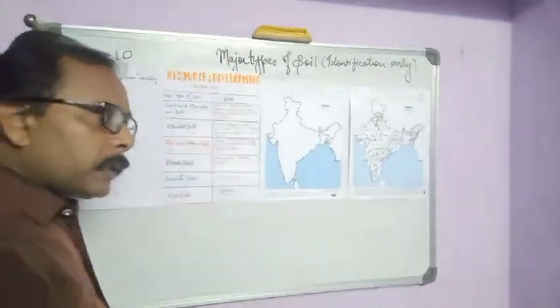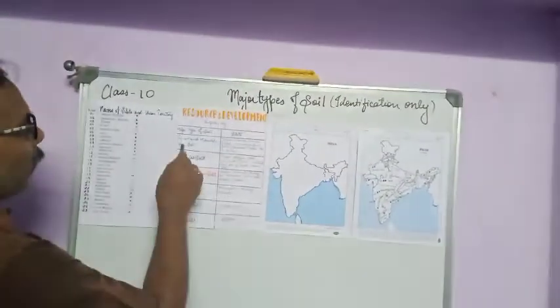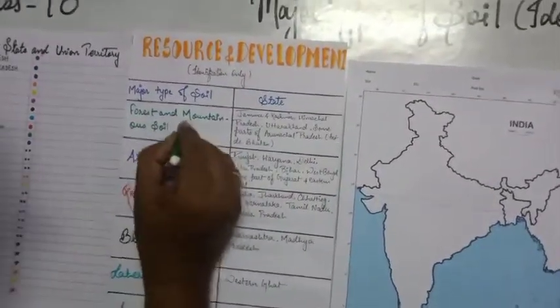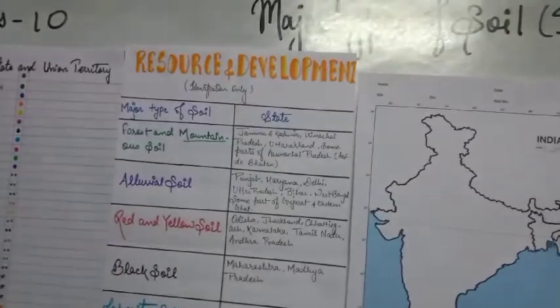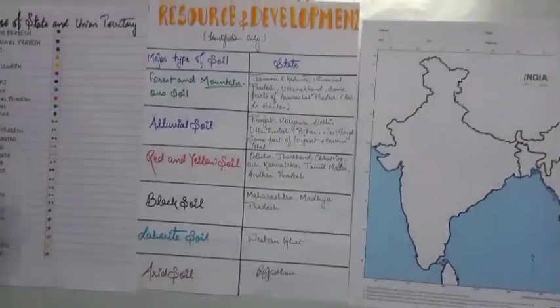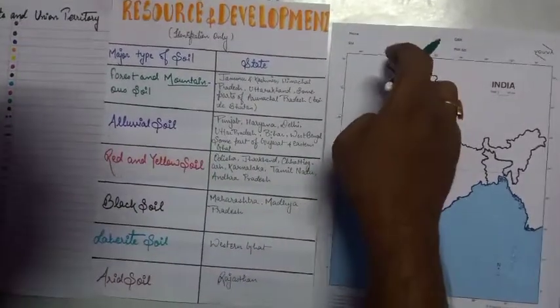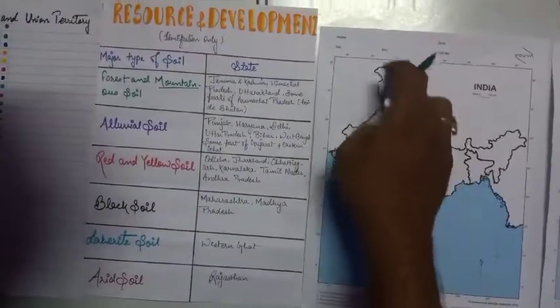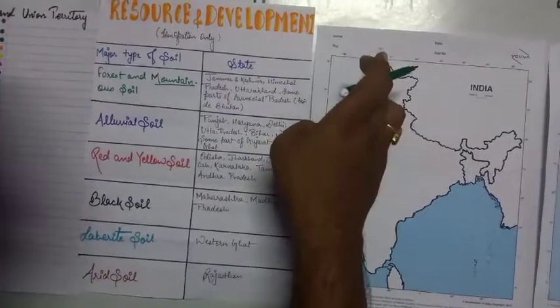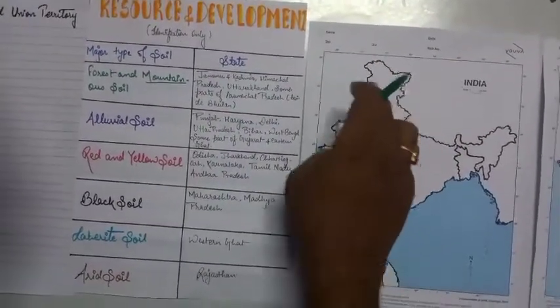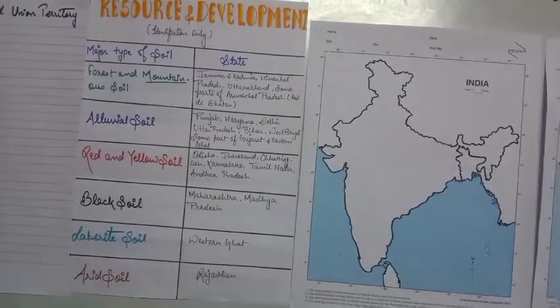Clear? So here first is the forest and mountainous soil. The term mountainous is written here. In the physical features we have studied that a number of mountains are located from north to west: Greater Himalayas, Lesser Himalayas, Shivalik, and so on. Is it clear?